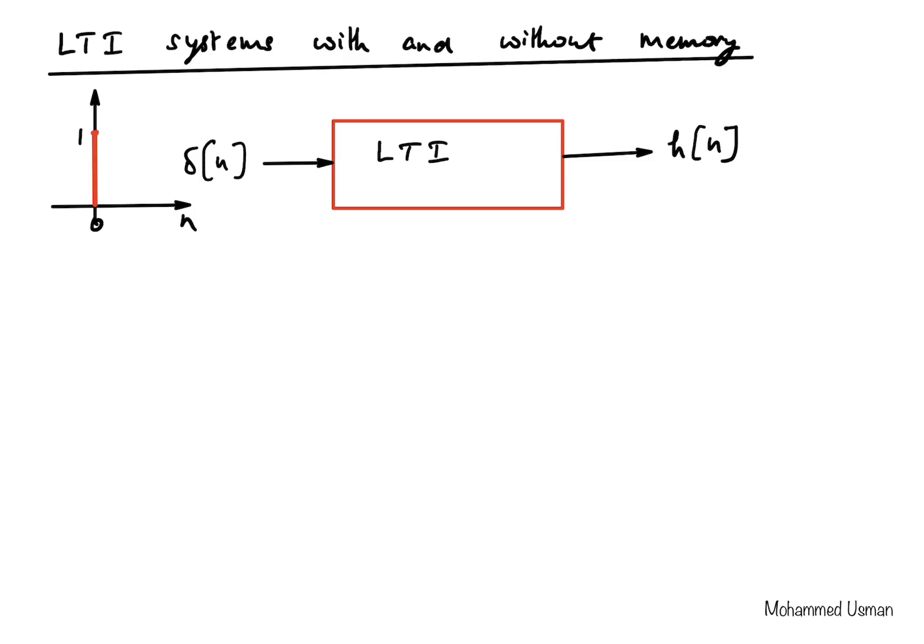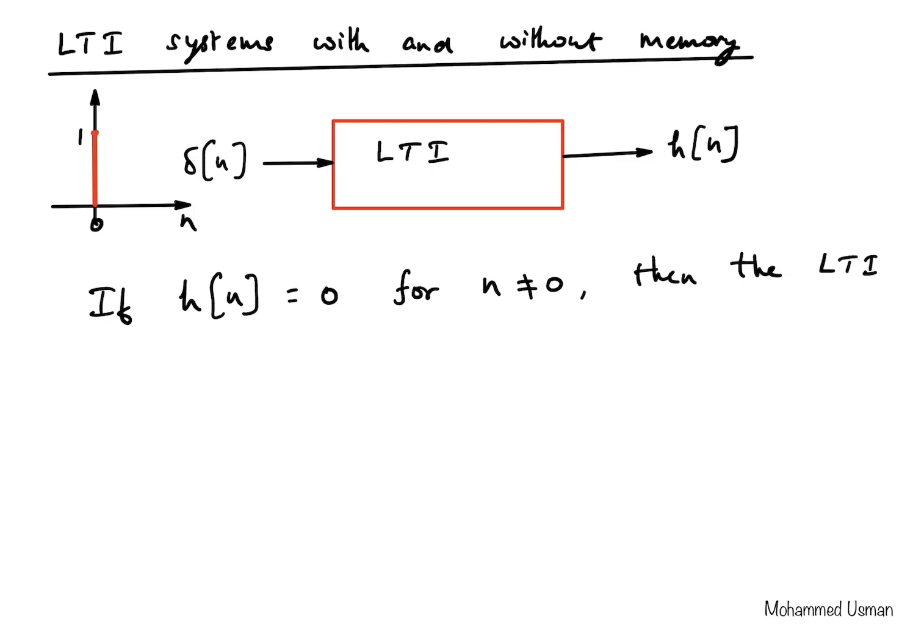For n not equal to 0, the response should be 0. That would indicate that the system is memoryless, or a system without memory. So an LTI system is memoryless if h of n is equal to 0 for n not equal to 0.